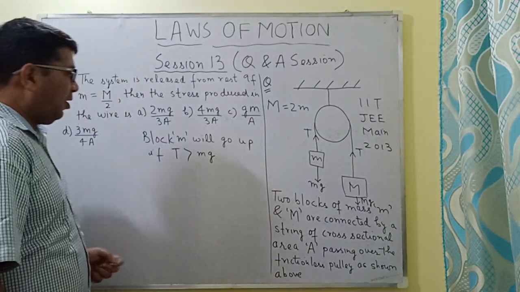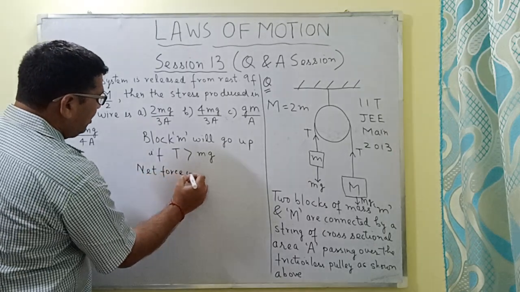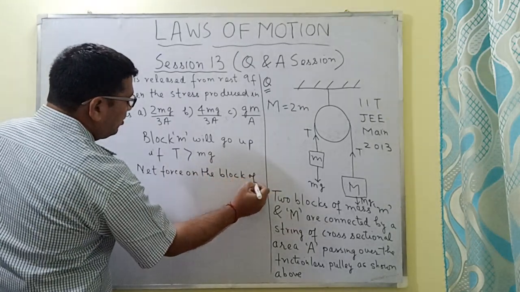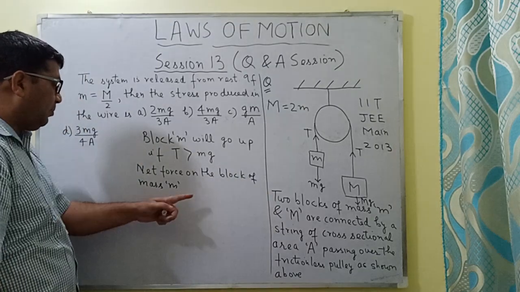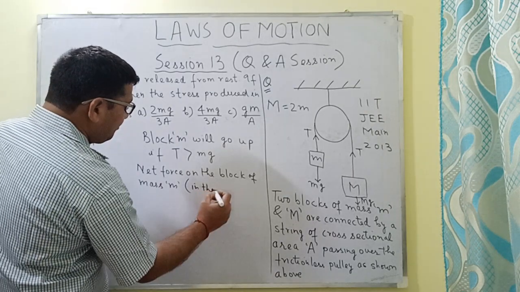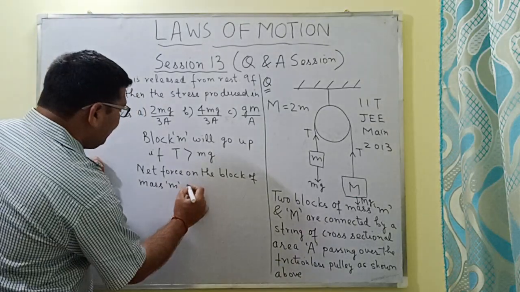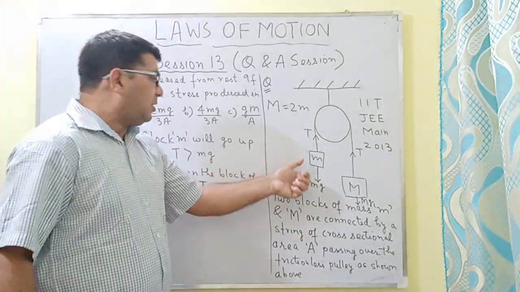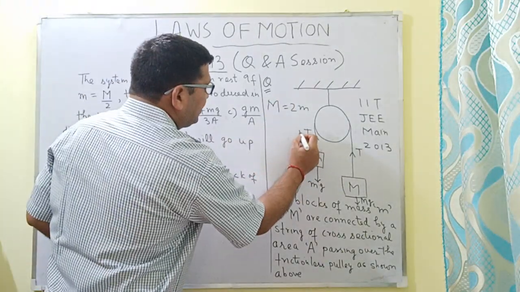Or we can say that the net force on the block of mass m will be equal to T minus mg, and this force will drive this block in the upward direction.